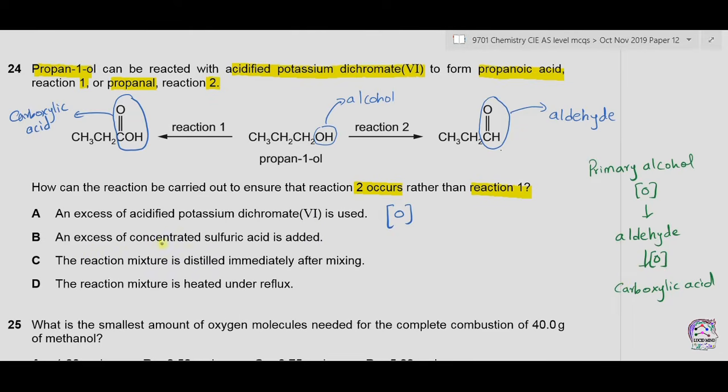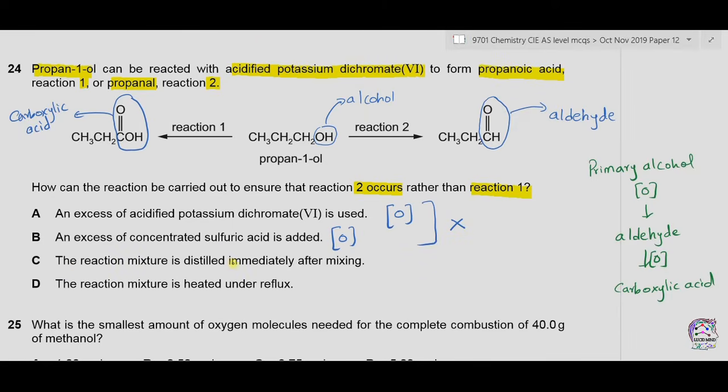In B, an excess of concentrated sulfuric acid is added. Again, concentrated sulfuric acid is also a powerful oxidizing agent. So both these will result in the oxidation of alcohol to aldehyde and aldehyde to carboxylic acid. So therefore, A and B are incorrect.